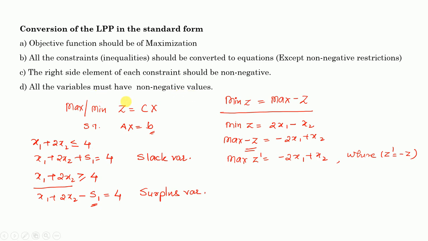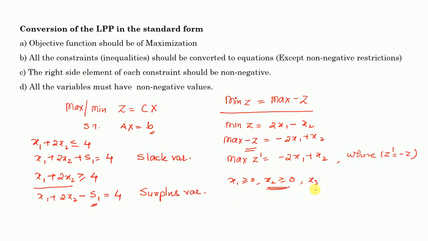Now finally, all the variables must be non-negative. These are the non-negative restrictions: x1 greater than equal to 0, x2 greater than equal to 0. It may be possible that for some of the variables this condition is not given to you, say for example x3 is unrestricted. So how can we convert this into non-negative restrictions?